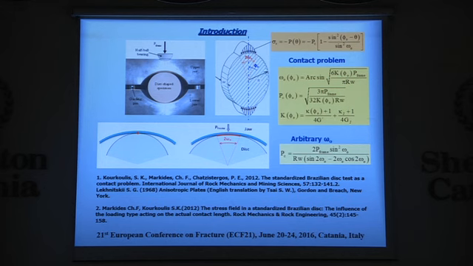The other advantage of the present solution is that we don't consider a predefined loading angle. As we will see later on, this loading arc will be obtained as a function of the load level, but also as a function of the elastic properties of the material.